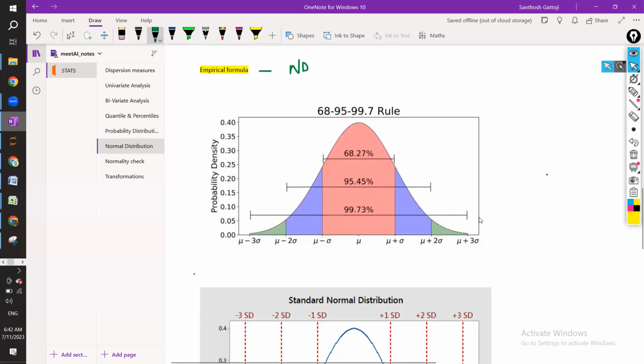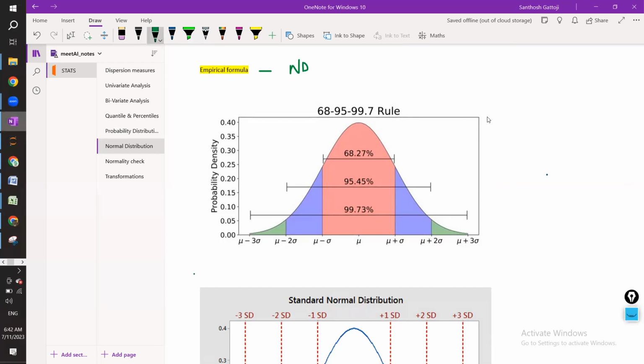Okay, let's start. See, guys, the empirical formula says, observe carefully. In a normal distribution, if this is a data, you don't know what this data is, but the only thing you know is it follows a normal distribution.